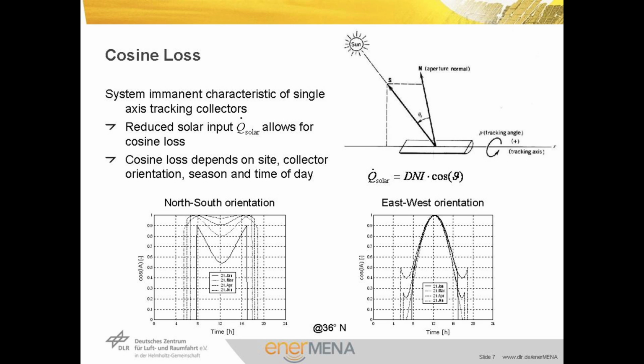This typically results in very narrow cosine factor characteristics with a distinct peak at solar noon. Considering the width and variation of the cosine factor characteristics, a north-south orientation is clearly more favorable at the given site in view of the total yield, the utilization of the installation capacities, and constancy of heat generation. This actually applies to most good solar sites.